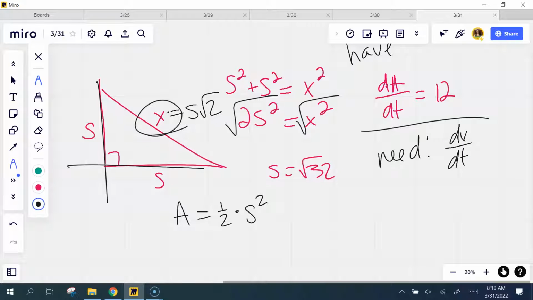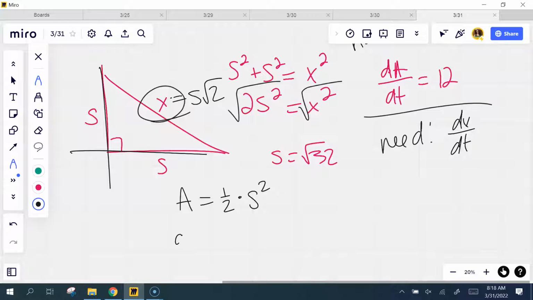If I derive that area formula with respect to t, I have dA dt equals 2s ds dt. Do you agree or disagree? Nope. It's just s.